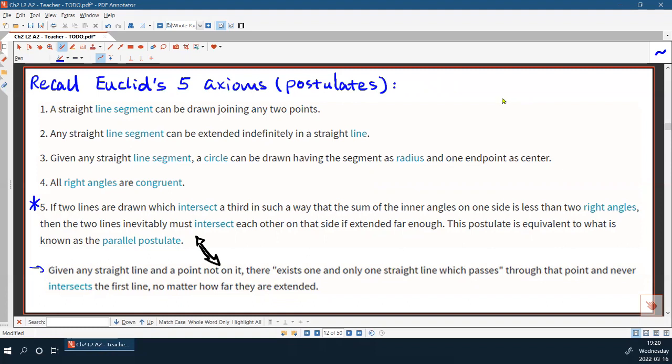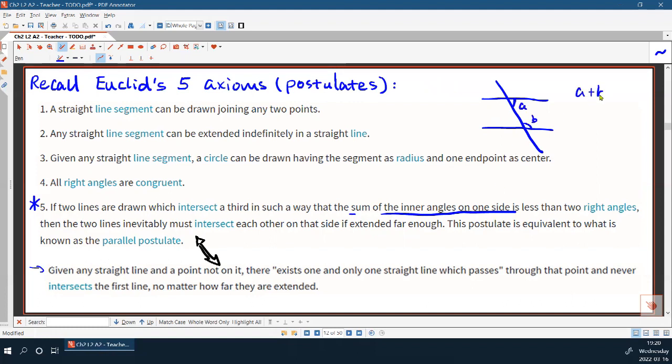Okay, so basically, if we draw two lines and a third line which is a transversal, Euclid's fifth axiom states that if the sum of the inner angles on one side, for example, these two angles are the inner angles on the one side, right? Let's call this A and B.